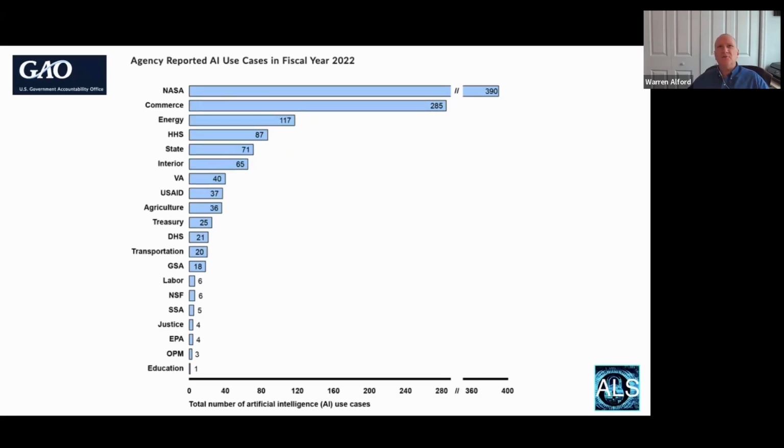A lot of government applications and government planning is going to be done with AI in the future.